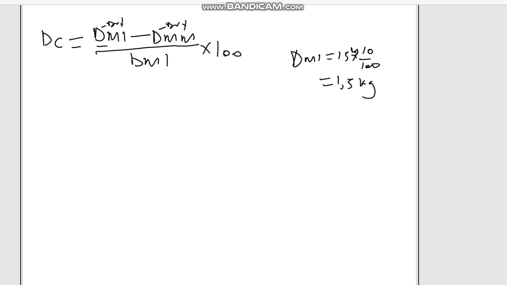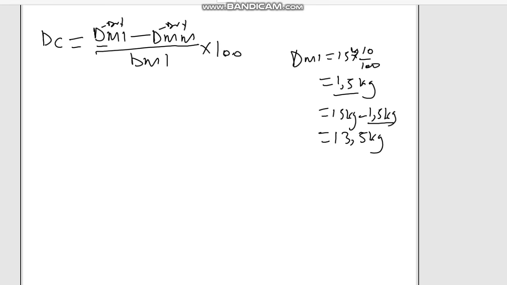So let's subtract this 1,5 of water. We're going to have 15 kg minus 1,5 of water or moisture, which equals 13,5 kg. Now we have our DMI. This is now dry because we have subtracted water from it. So now we have 13,5 kg.